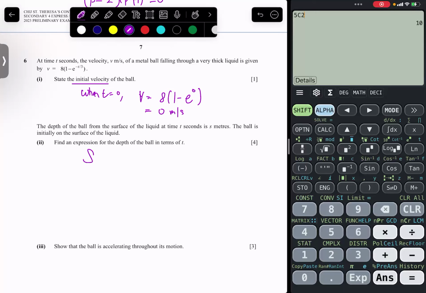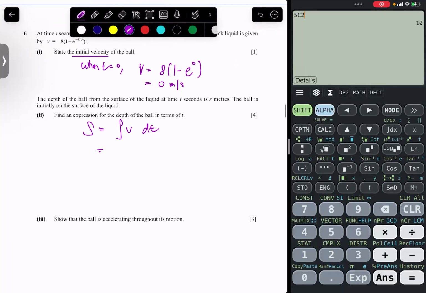Displacement equals the integral of v dt. So that equals 8 minus 8e negative t over 3, integrated. So that equals 8t plus 24 e negative t over 3 plus c.